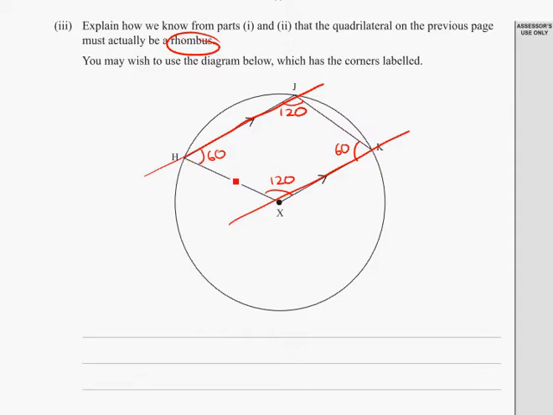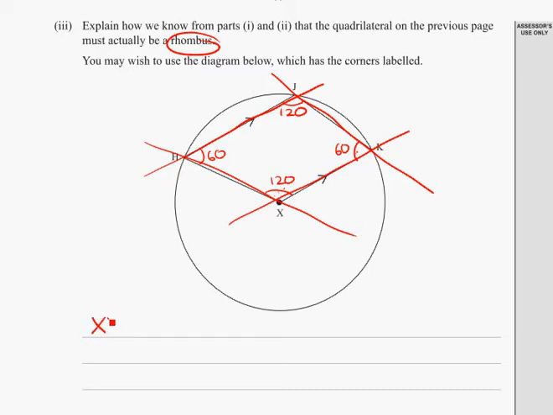We'd need to show that HX and JK are parallel as well, which clearly they are, because if they're parallel, then this angle and this angle would add to 180, so they must be co-interior between that side and that side.